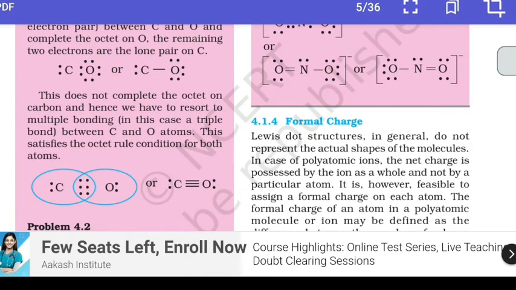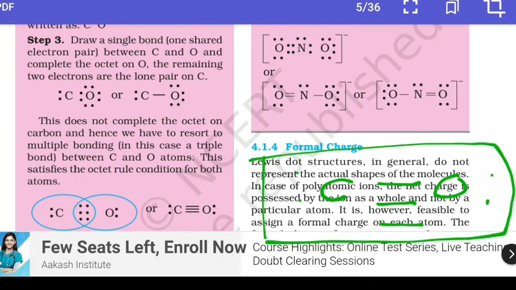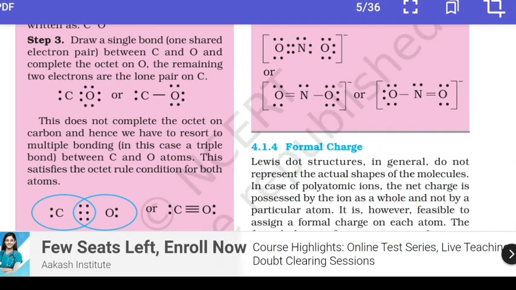So finally the structure is like this: carbon, oxygen, single bond, double bond, triple bond. So there will be 6 bonding electrons, 6, 7, 8, 9 and 10. And finally the structure of CO is framed as C triple bond O, and 2 dot electrons are present at this carbon, and 2 electrons are also present at this oxygen.